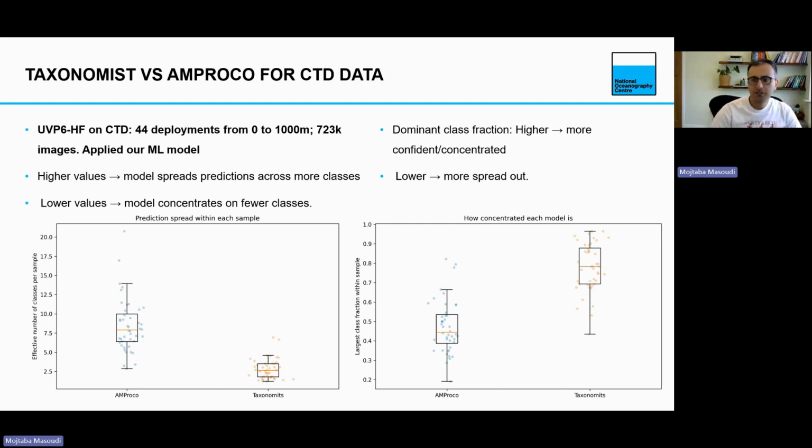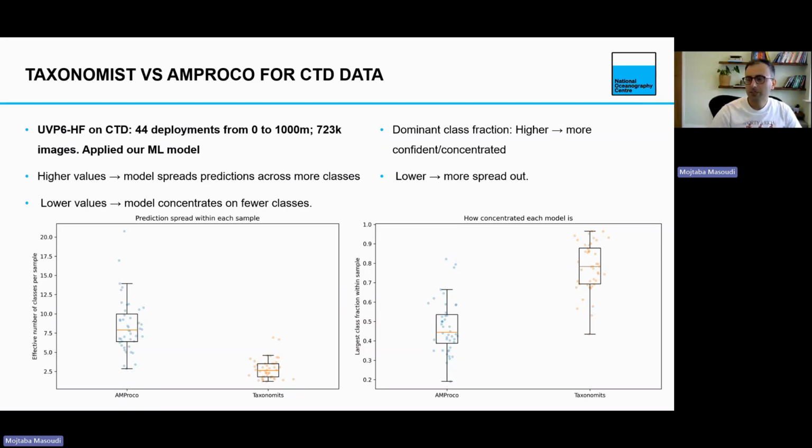As you can see on the left, the effective number of classes for the AI model has a higher value. It means the model can predict more classes than the taxonomists, and for the taxonomists' opinions, the model only concentrated on fewer classes. And on the right side, you can see how the concentration is different based on what the AI predicted and what the taxonomist's opinion was.